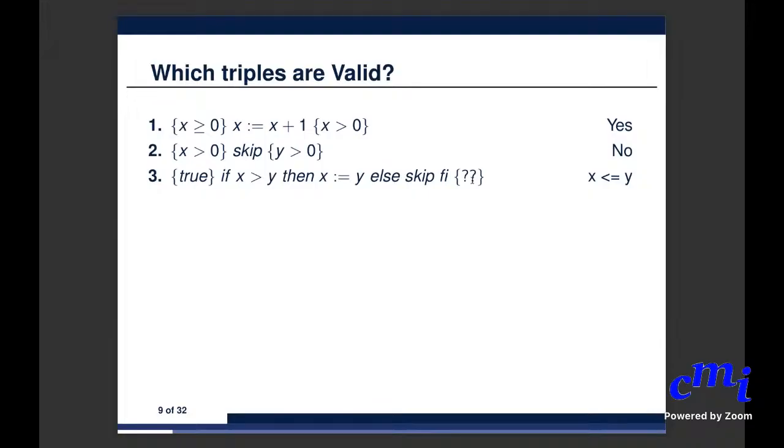Your precondition is true, which means x and y could be anything. Suppose x is greater than y, then it forces your post state to be where x is equal to y. So it'll be wrong to have true as a post condition.